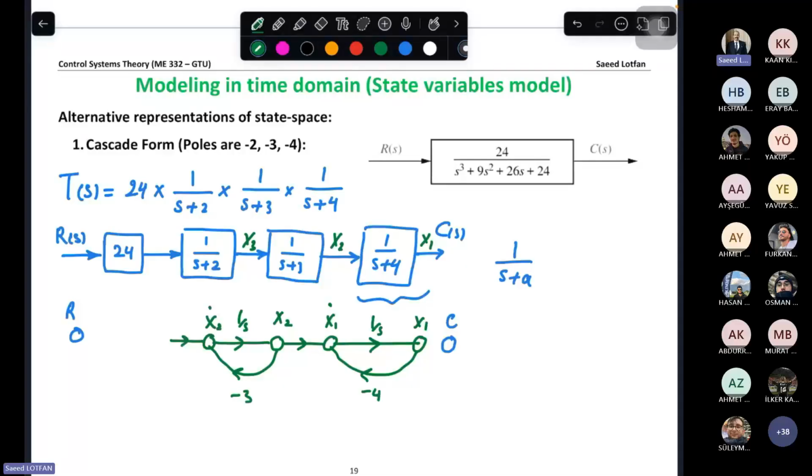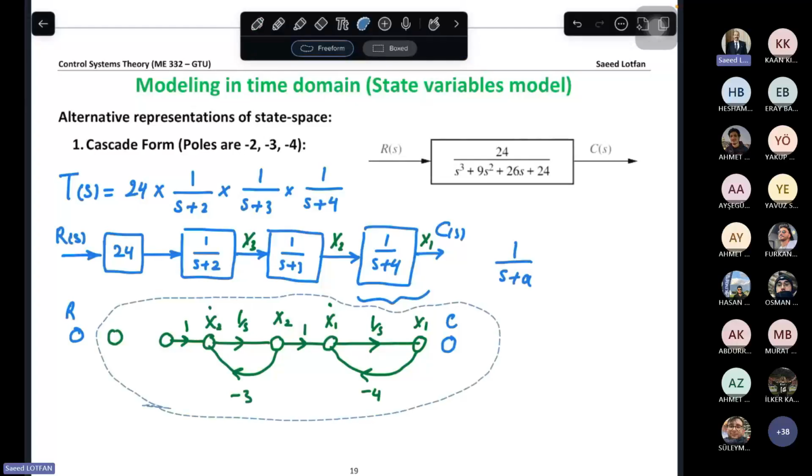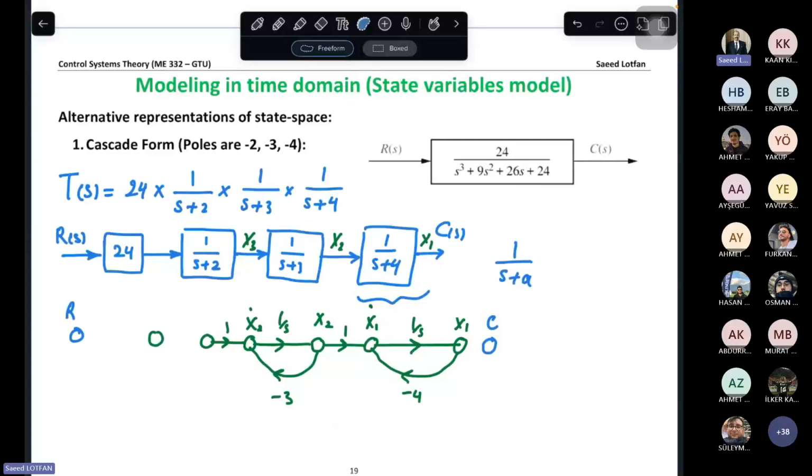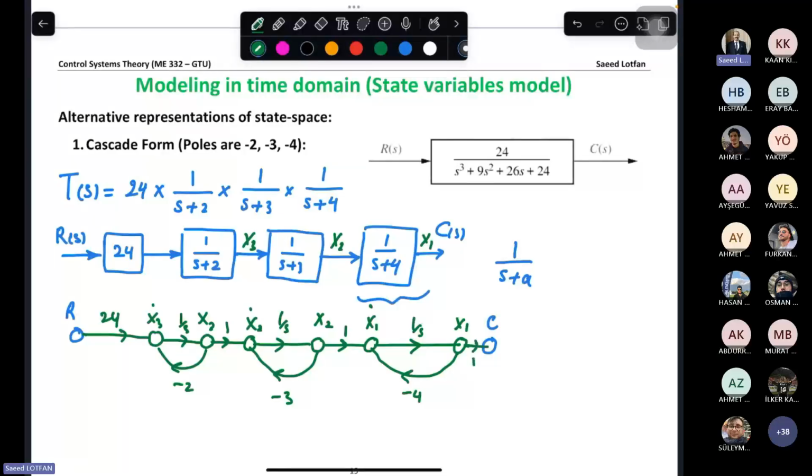And then we have x dot 3, x3, 1 over S, minus 2, and this is 24, and this is 1 again here.